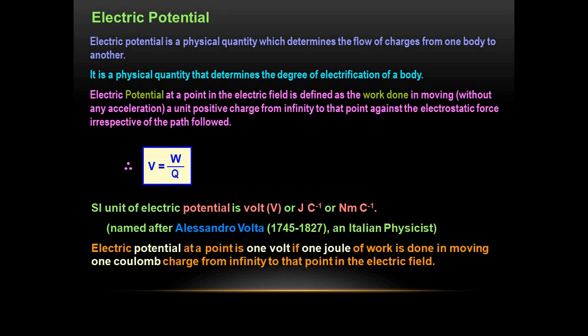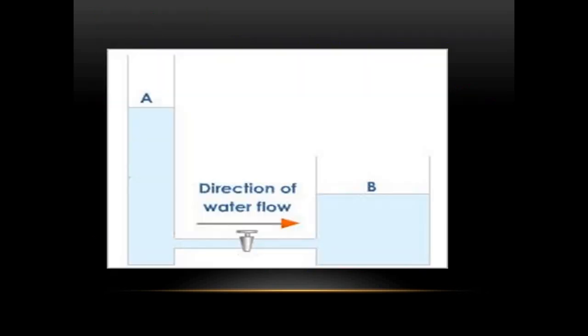The electric potential is 1 volt if 1 joule of work is done by 1 coulomb of charge in moving it from infinity to that point in the electric field. That means when we bring 1 coulomb of charge from infinity to a point within the electric field of a charged particle, the amount of work done per unit charge is called 1 volt.